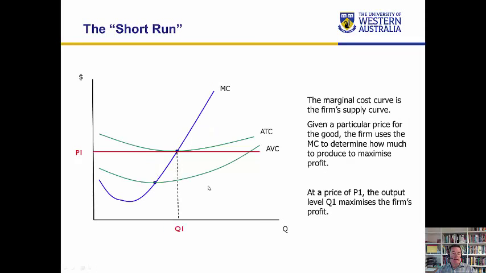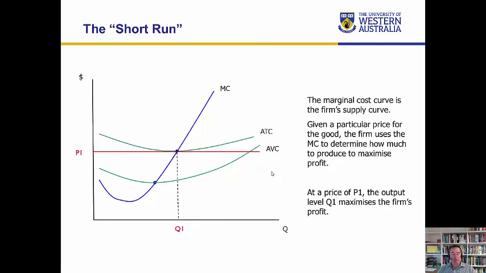Okay, now we add in the AVC and the ATC curve. So we're still in the short run. A firm that wants to maximize profits, given a selling price in the marketplace of P1 for whatever good they are producing, will produce the output level Q1.